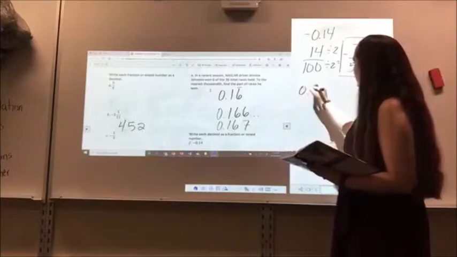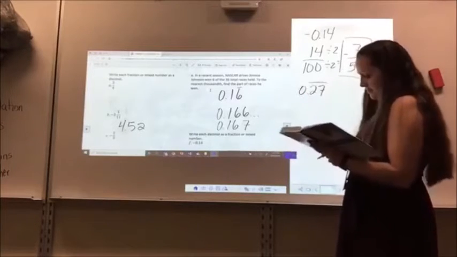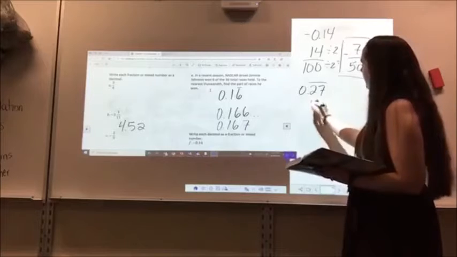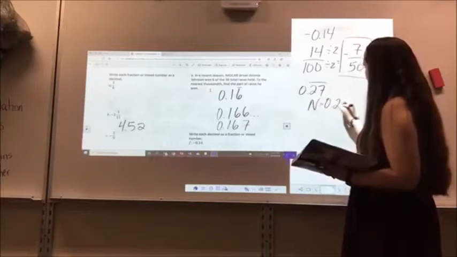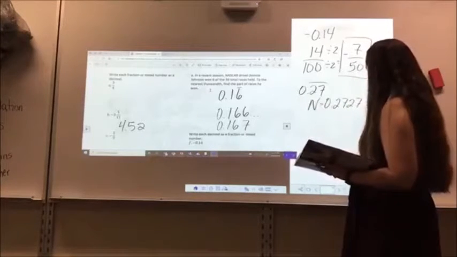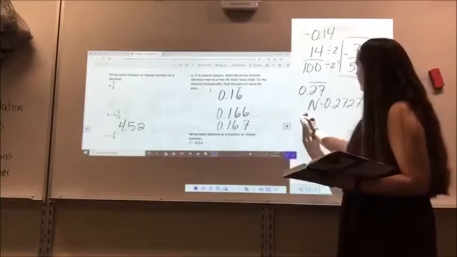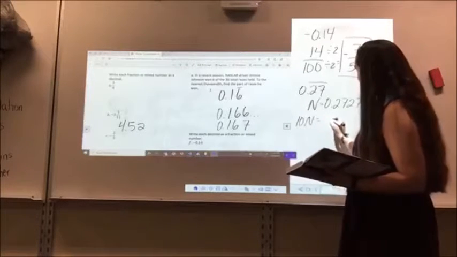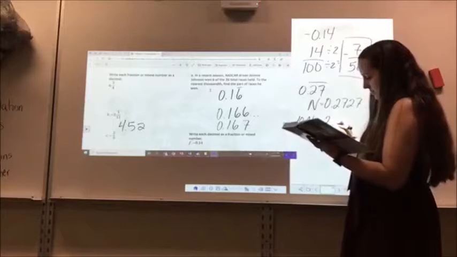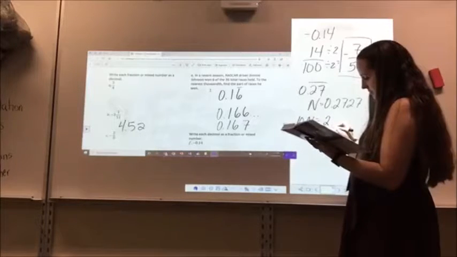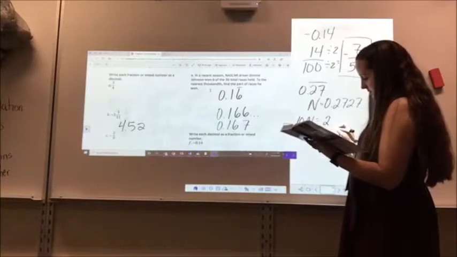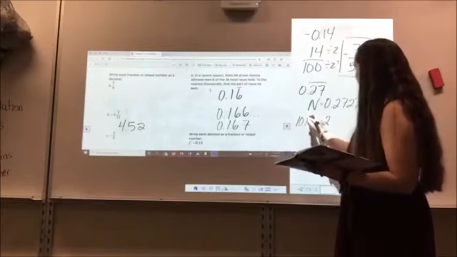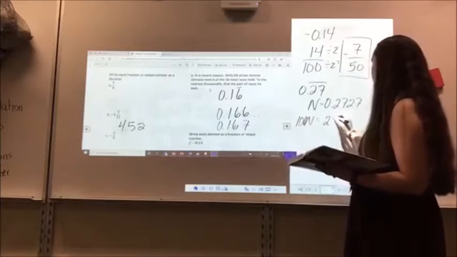Letter G was 0.27 repeating. Okay, so same type of thing. So n equals 0.2727 repeating. I'm going to multiply both sides by 10. Multiply both sides by 100 because there's 2 things that I want to do.